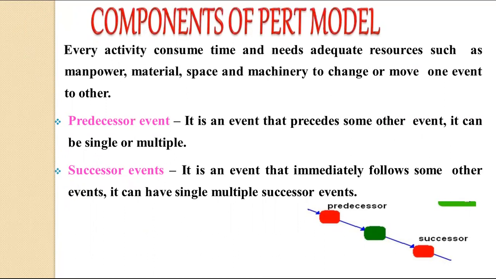It is an event that precedes some other event, and it can be a single or multiple events. Second is the successor event. It is an event that immediately follows some other event, and it can have single or multiple successor events.